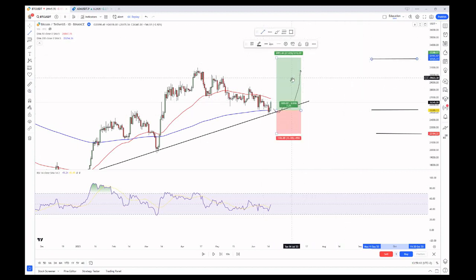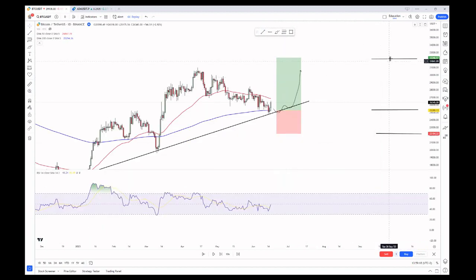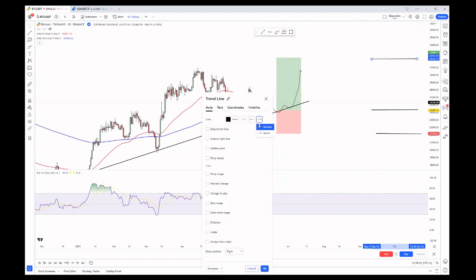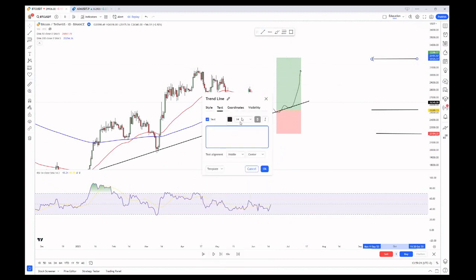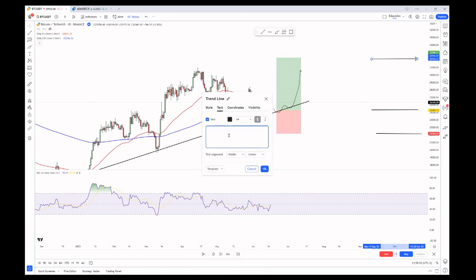Because if it's a long position like this, then the green one, and that's always the case, is your take profit.